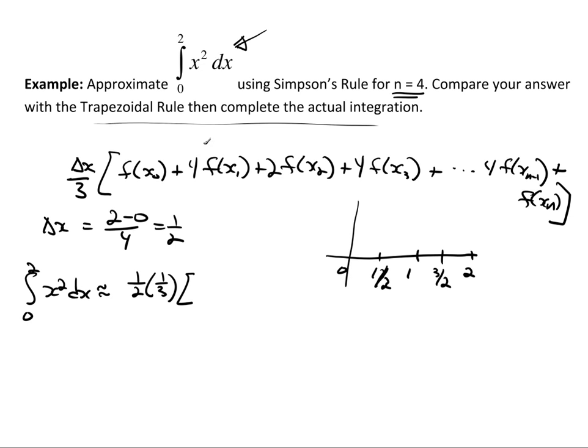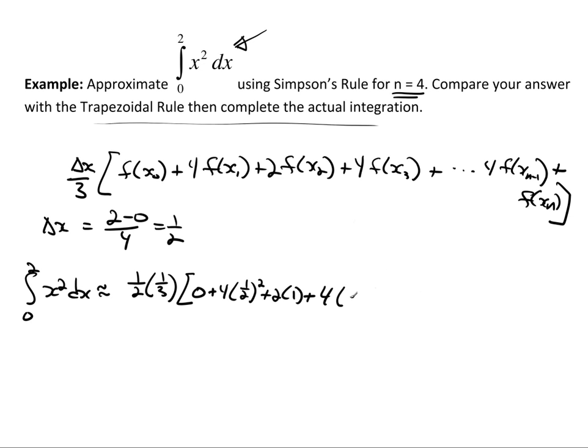Well, x naught is 0, f of 0 is 0, plus 4 times 1/2 squared, plus twice 1 squared, plus 4 times 3/2 squared, plus the last one, which was simply 2, so this is 2 squared. There's my 4, 2, 4 pattern.